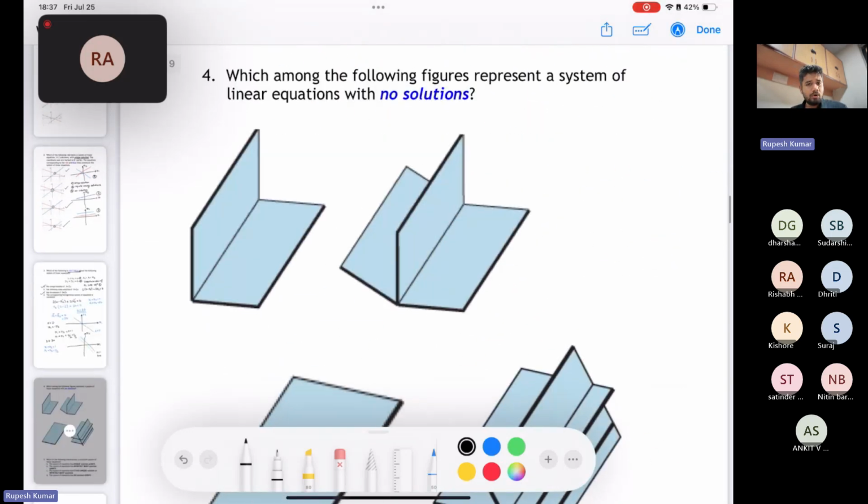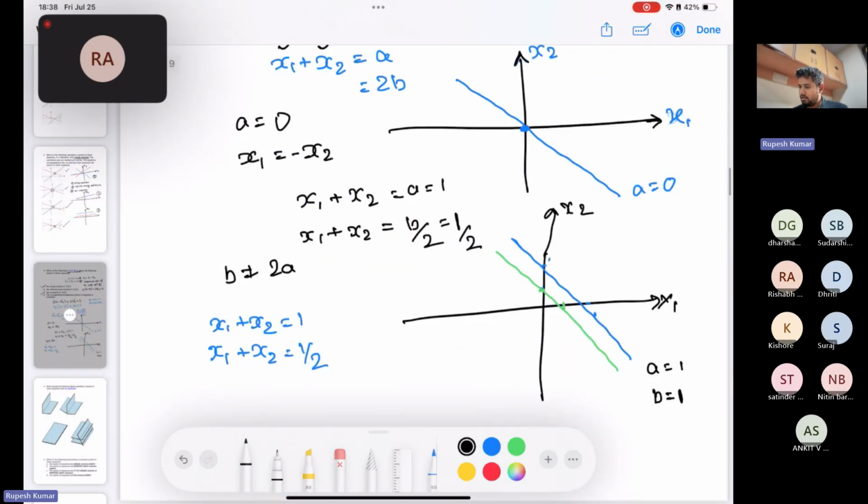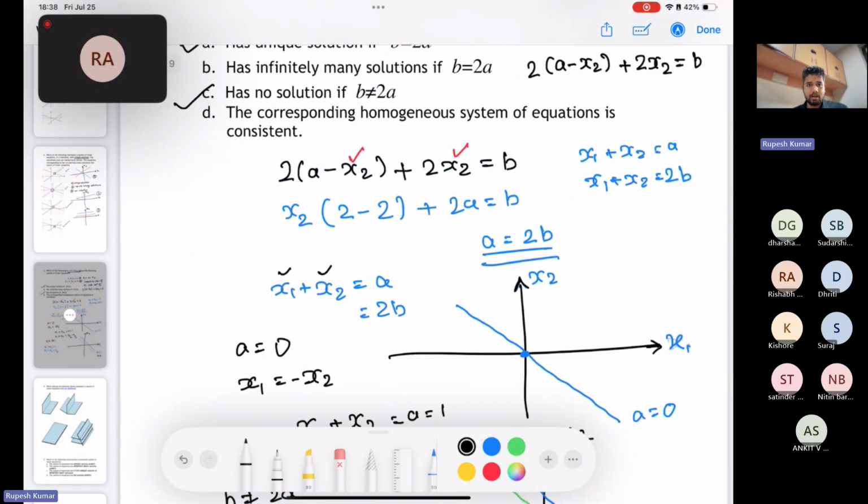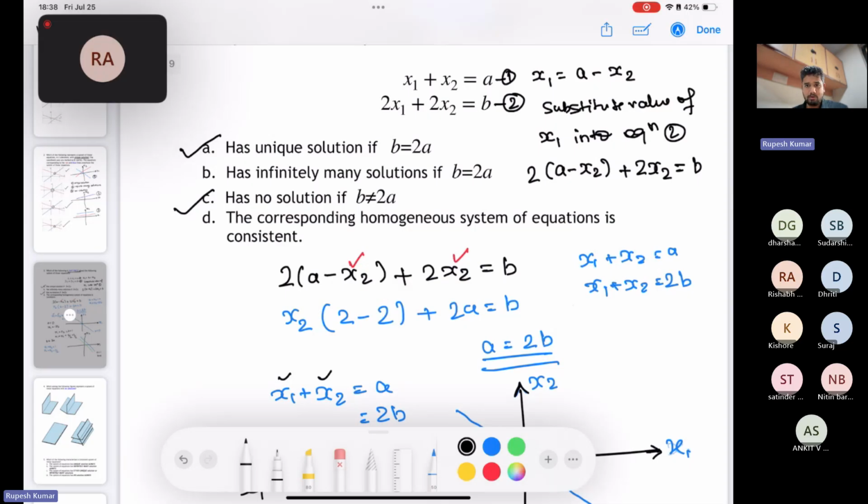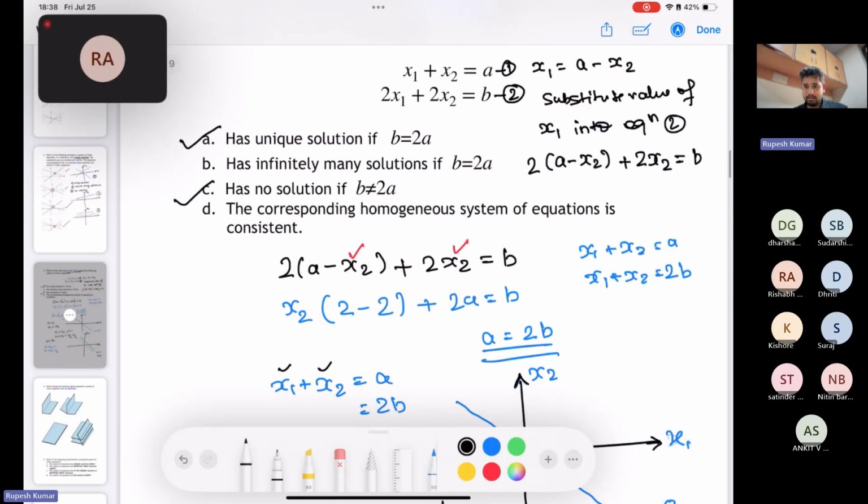So I hope the way I am explaining things is clear to you, right? Should I change something? This pattern that I am following, I am solving the problems and explaining what I am thinking while solving them. Is this fine with you guys? So which problem?